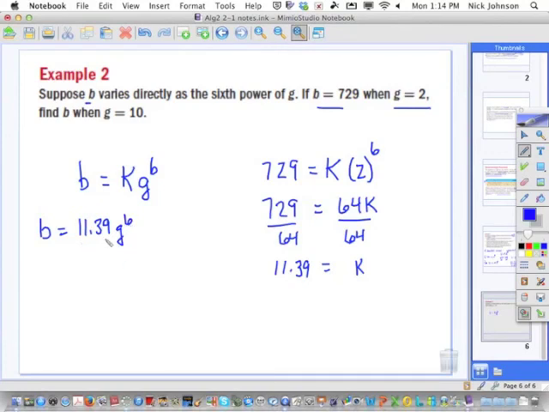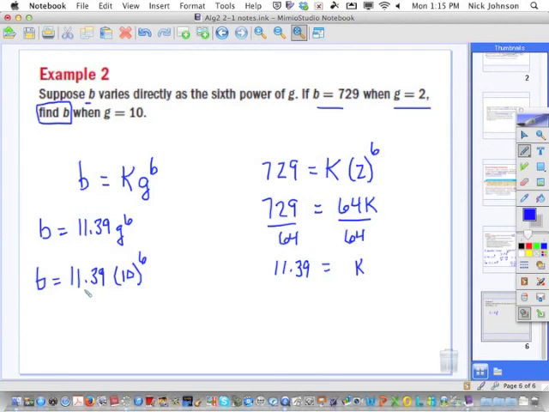And now that I have my constant of variation, and I know G here, it's going to allow me to find my B when G equals 10. So B equals 11.39 times 10 to the 6th power. Well, we all should know 10 to the 6th power is 6 zeros, which is a million, right?